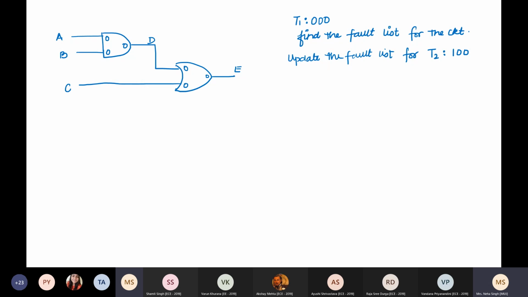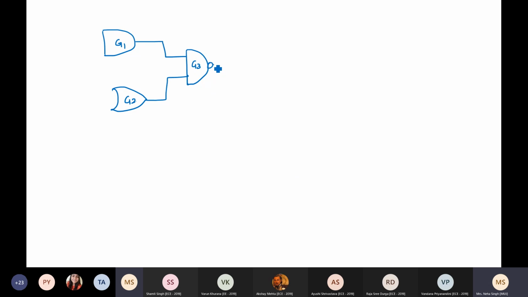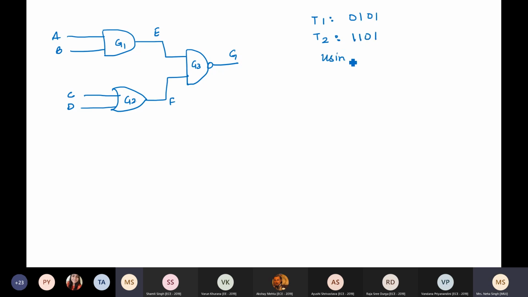Okay, a second complex circuit. Let us say this is G1, then I have G2 and a NAND gate G3, so that I have inputs A, B, C and D. Let this be E, F, G. Analyze for test vector T1 as 0, 1, 0, 1, followed by the second test vector T2 as 1, 1, 0, 1 using concurrent fault simulation.